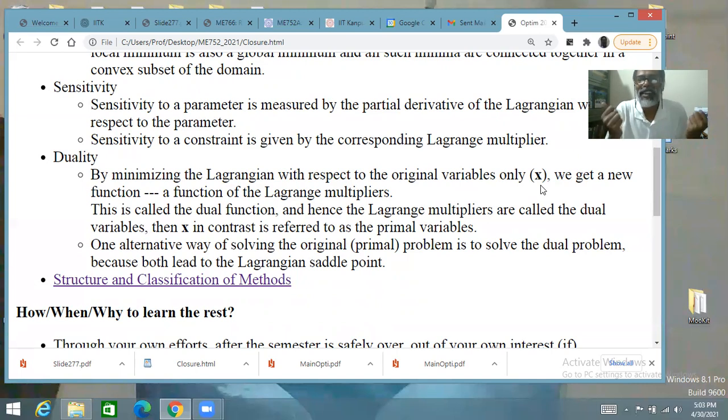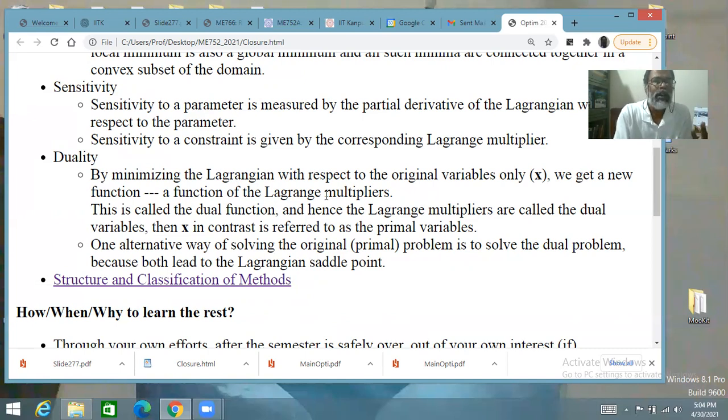If you do that, then with respect to x you will be minimizing it. The minimum value will actually appear in terms of lambdas and mu's, because you put the x star value there, so the x variable will vanish. The minimum value of the Lagrangian will turn out to be a function of the Lagrange multipliers.